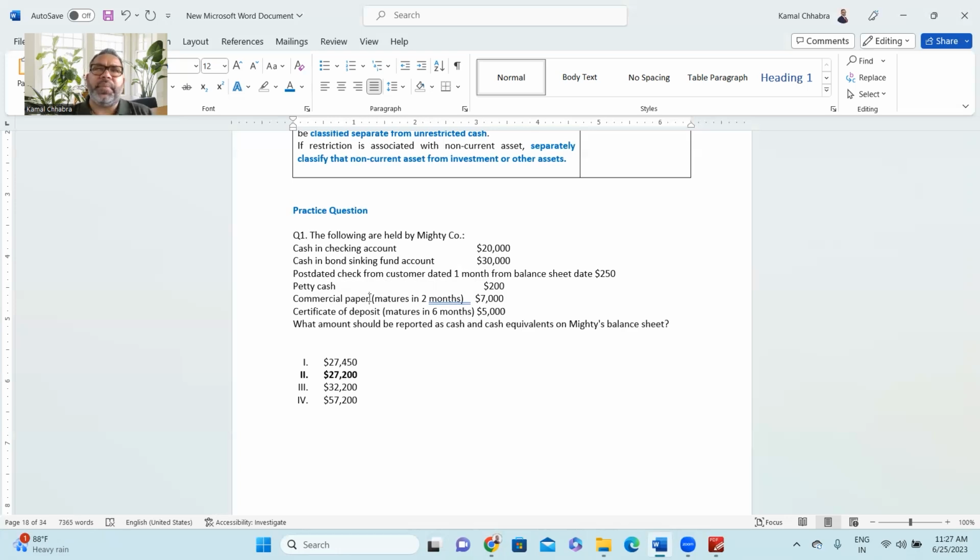If it matures in 2 months, within 3 months, it is cash and cash equivalent. If it is more than 3 months, then it will go into investment. And if a certificate of deposit also has maturity within 3 months, it will be included in cash. Yes. Okay.